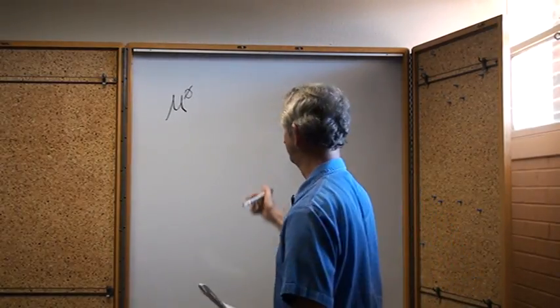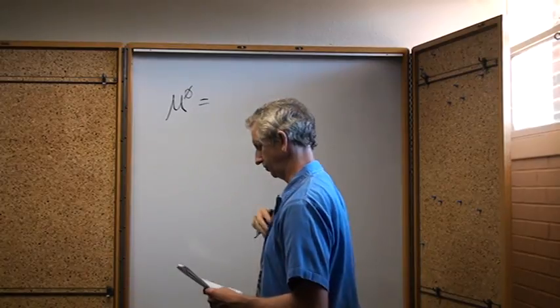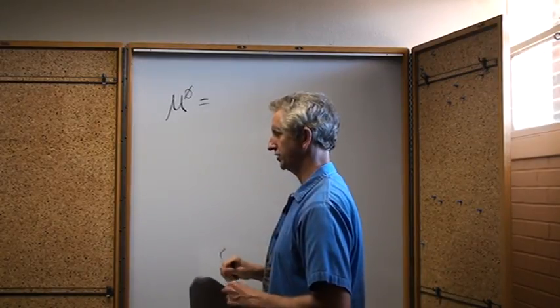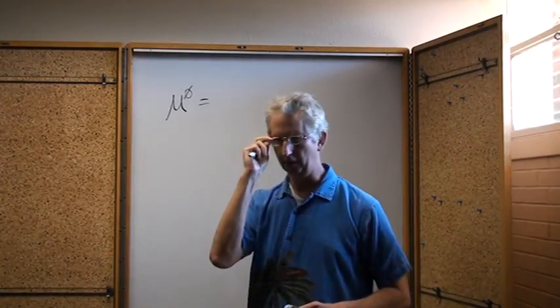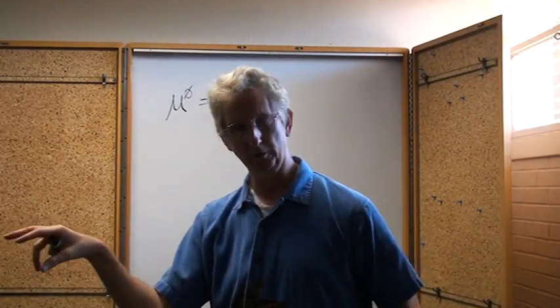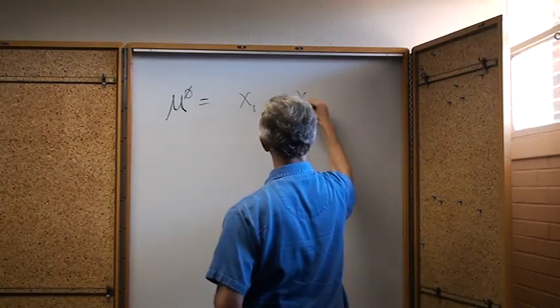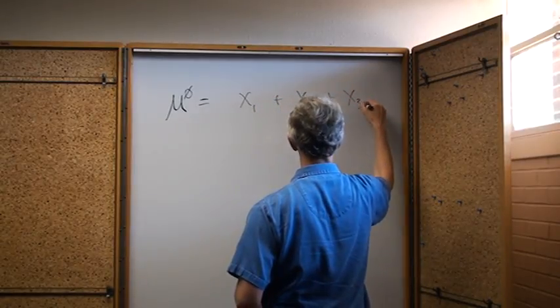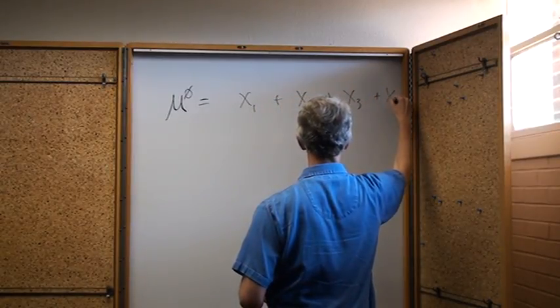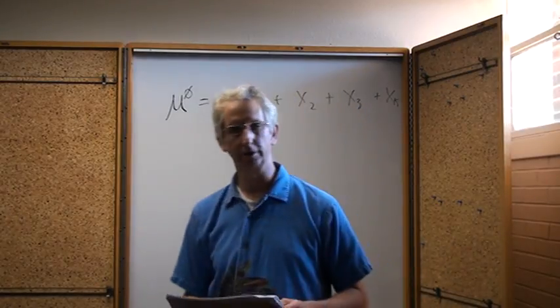And that simply is equal to a combination of each of the x variables that are part of the independent variable set, which is x1 plus x2 plus x3 plus xk, k being the number of independent variables that you're using.